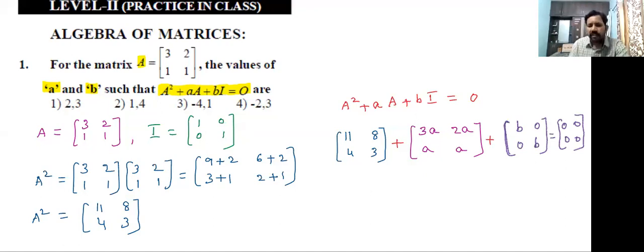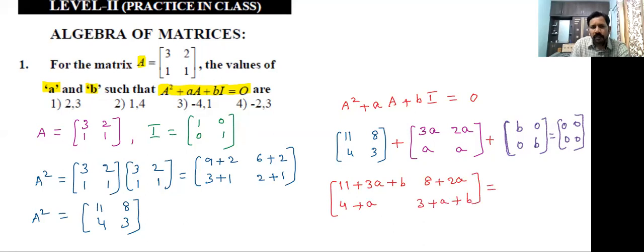Now add the corresponding elements. So we get 11 plus 3a plus b. Next, 8 plus 2a plus 0, no need to write. 4 plus a. Next, 3 plus a plus b is equal to, what is the null matrix here? 0, 0, 0, 0.